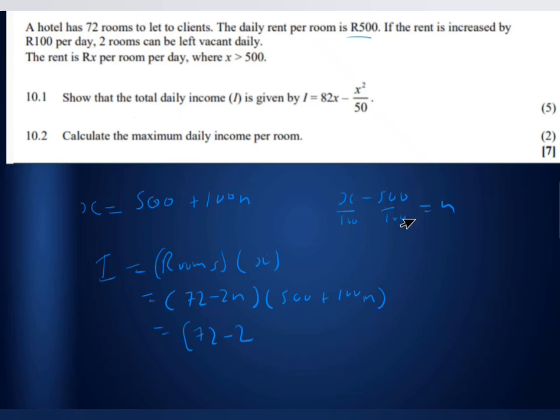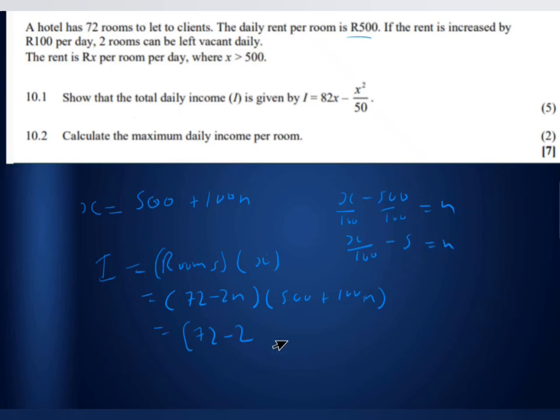Just like when you have a quadratic equation with a negative, you would divide everything by the negative. It's actually what we're doing here. In order to get rid of the 100, we divide everything by 100. So this is going to end up being X over 100 minus 5. My mind was already here. This is 5, right?